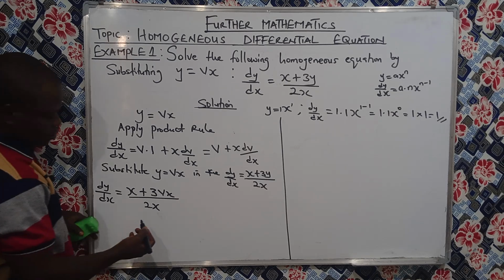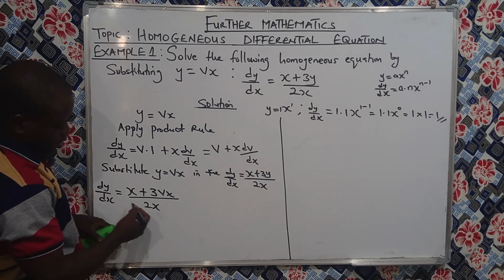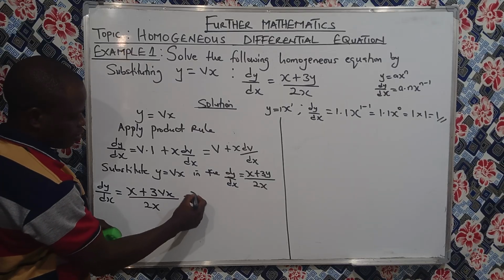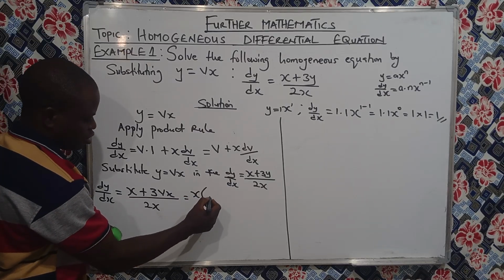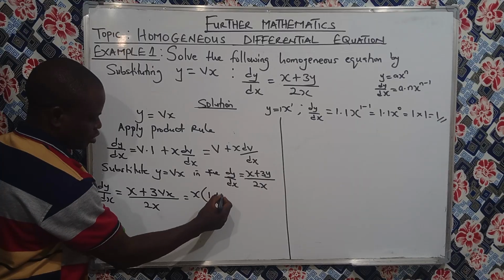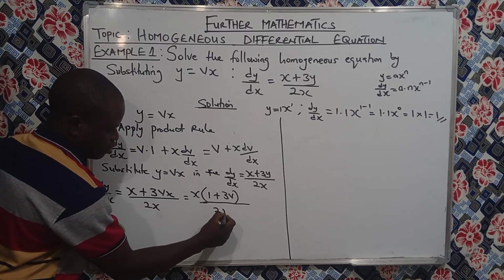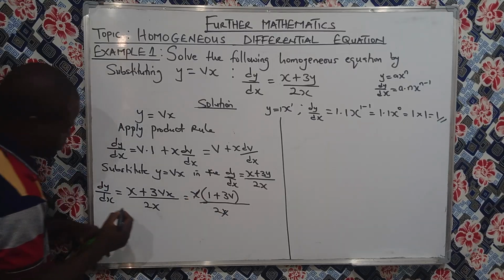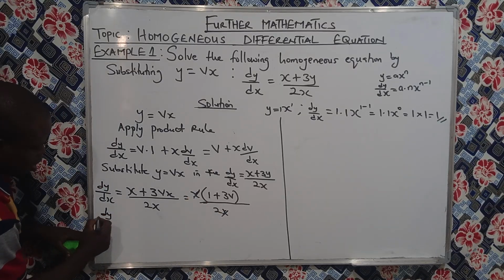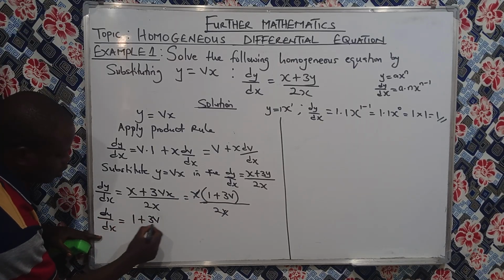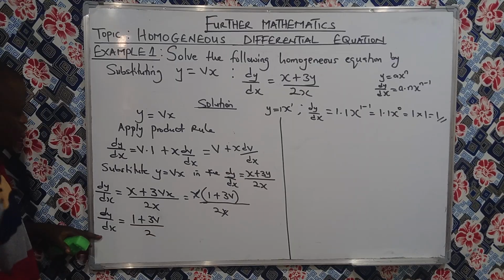Now let's factorize what's common. X is common: x into 1 plus 3v over 2x. X cancels x. Dy over dx equals 1 plus 3v over 2.